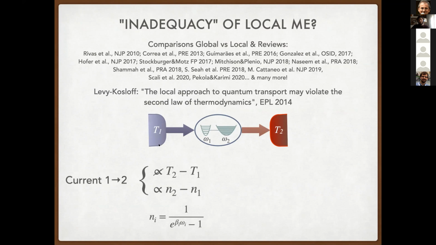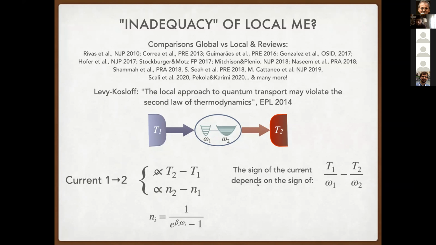What they found, in fact, was that the current from 1 to 2 is not proportional to the temperature gradient, as you would expect, but is proportional to the difference of the thermal occupations in the two baths, where this is the usual Bose-Einstein distribution in the two baths.